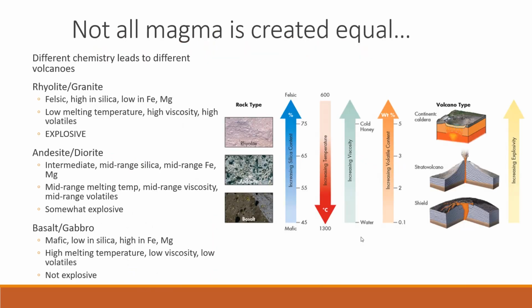So back to this slide, the higher the silica, therefore the higher the viscosity, the more explosive we have. So we're going to have big booms with our felsic materials. And the lower the silica content, the lower the viscosity, the higher the melting temperature as well. We're going to have not very explosive eruptions with our mafic materials.